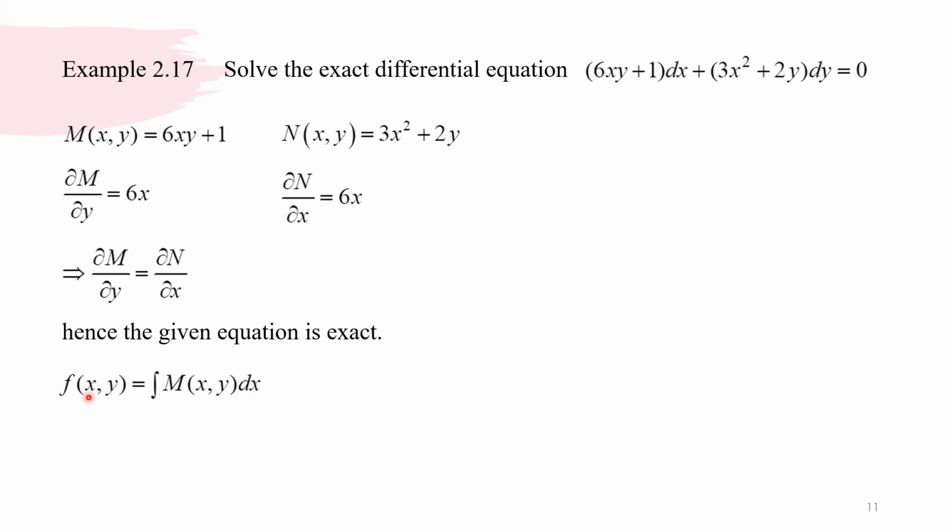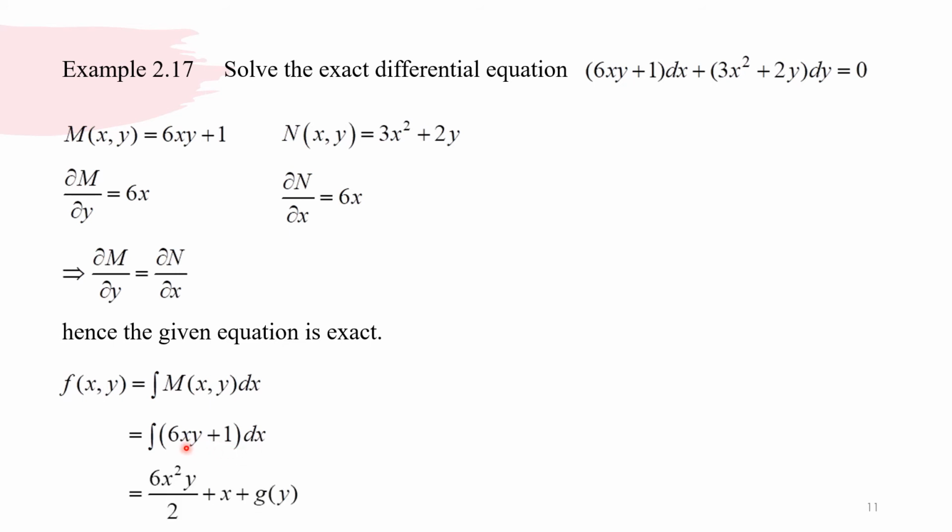Let us first find f of x, y by integrating m with respect to x. This is step B of method A. Substitute m by 6xy plus 1 in this integrand. So integrate 6xy plus 1 with respect to x. This is a partial integration where x is the variable and y is a constant. When we integrate 6xy with respect to x, 6 and y are both constants, so we only integrate x with respect to x.